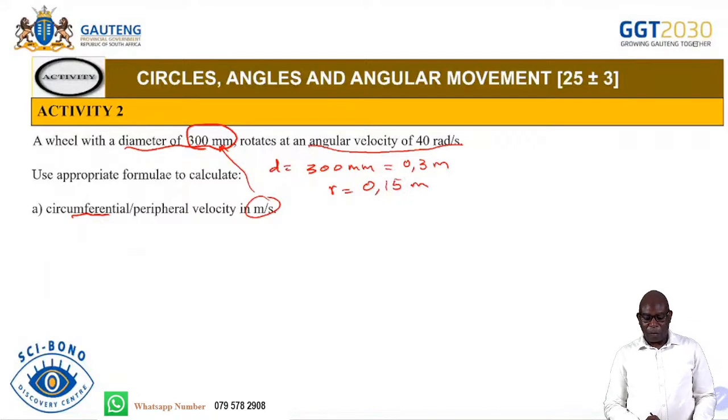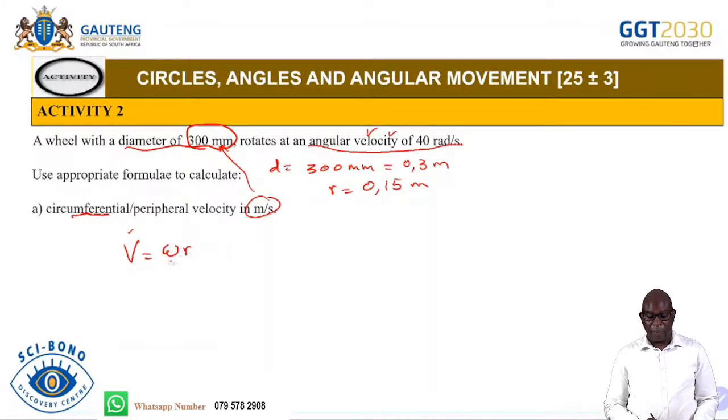So for me to calculate the circumferential velocity when I'm given the angular velocity, the formula that I must use is not there in the formula sheet, you must know it. If I'm given an angular velocity and I need to calculate the circumferential velocity, this is the formula that I'm going to use: omega multiplied by r.